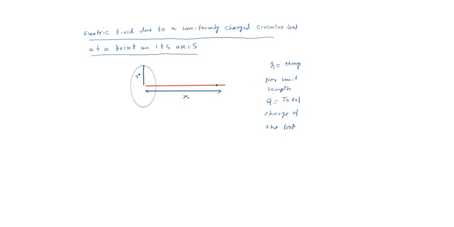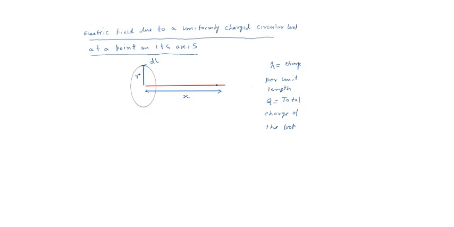Now let us consider a very small elemental length dl at this position of the circular loop.